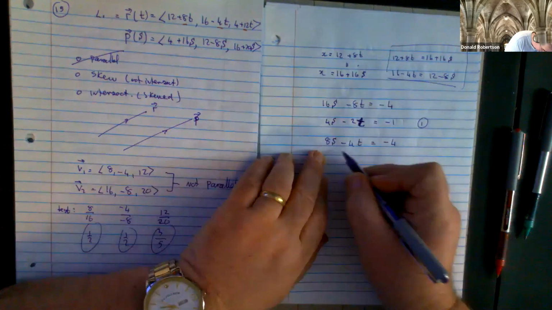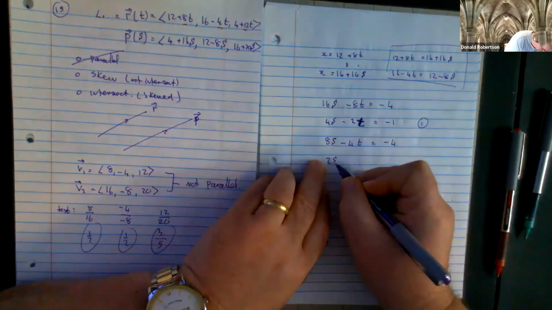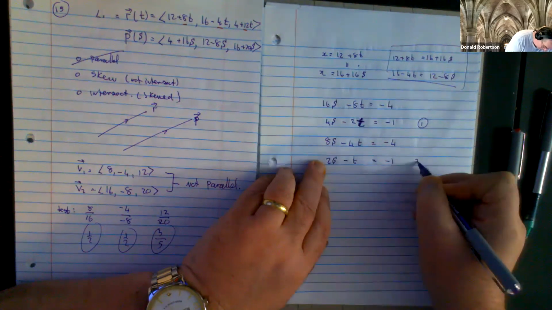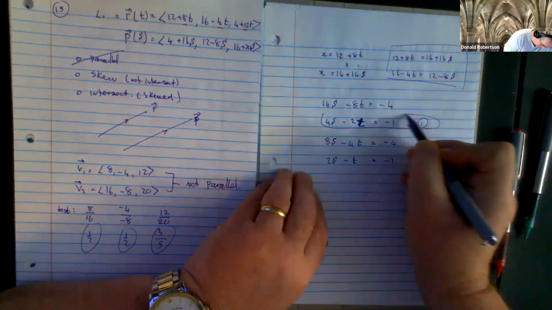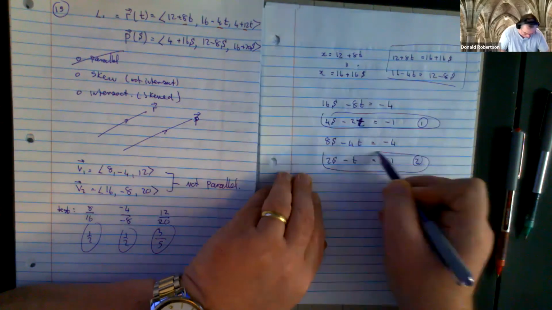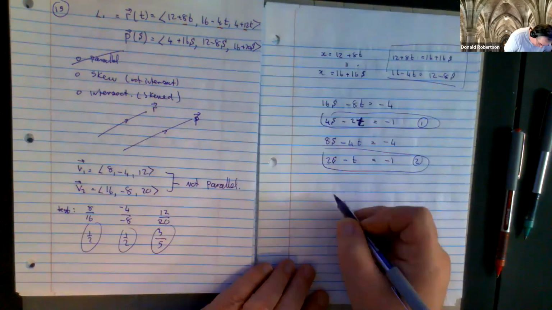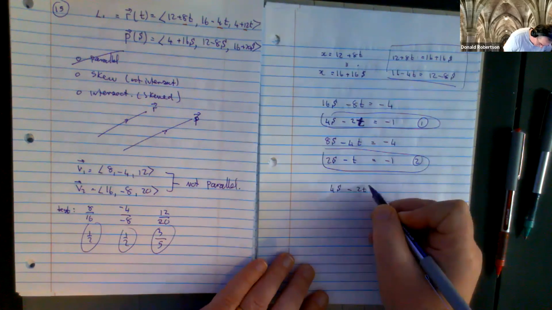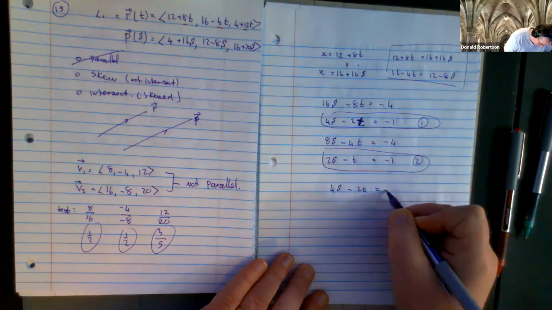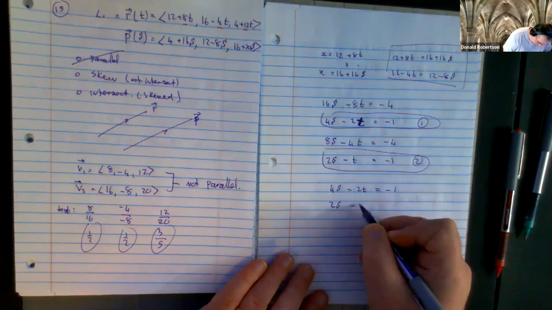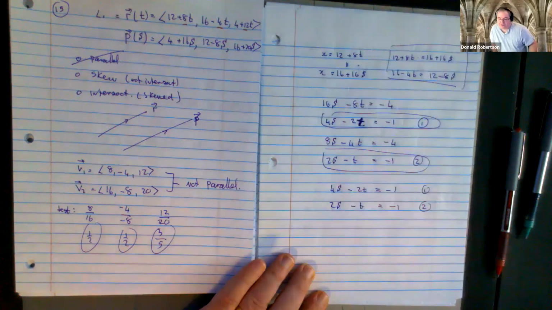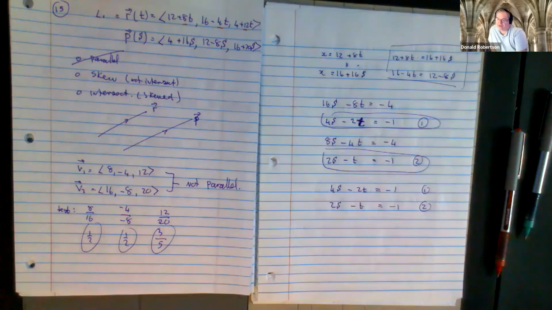And divide everybody by 4, I get 2s, take away t equals -1, call that equation 2. So I've taken these two and just made them a little bit prettier. Now I'm going to write them down next to each other. And what I'm going to do here is solve. I'm going to find out what s and t are. That's what we're going to do.